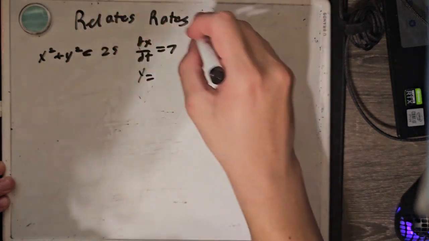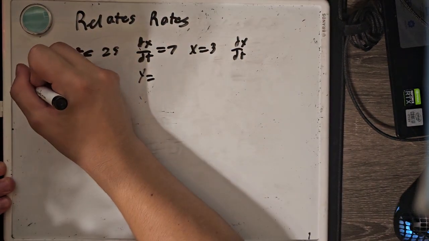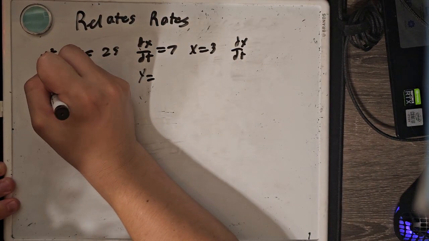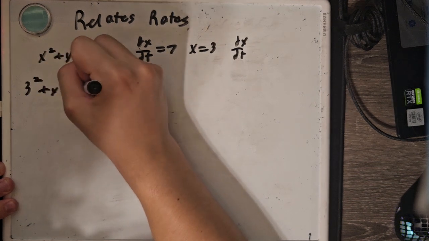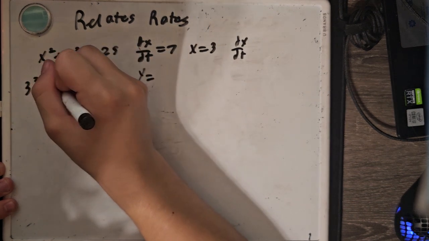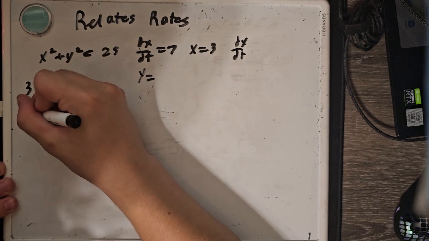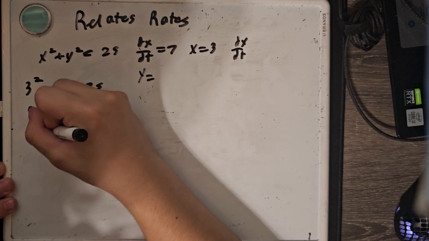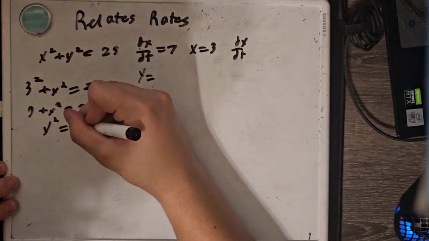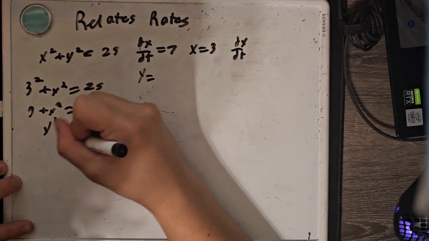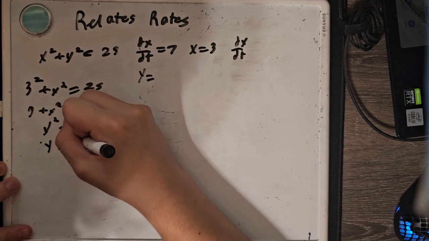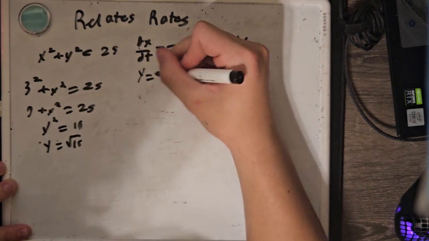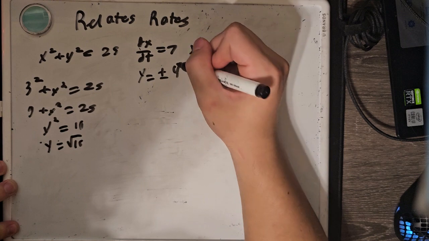To find what y equals, we simply plug in 3 for x. So 3 squared plus y squared equals 25. 3 squared is 9, plus y squared equals 25. y squared is equal to 16. Now we square root both sides. y is equal to the square root of 16, which means y is plus or minus 4.